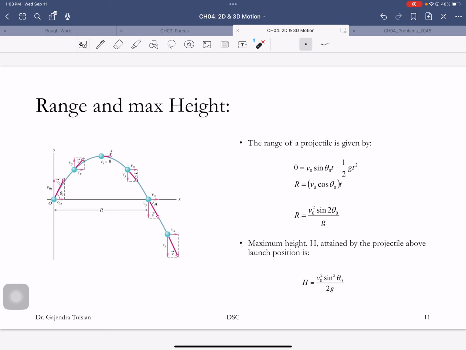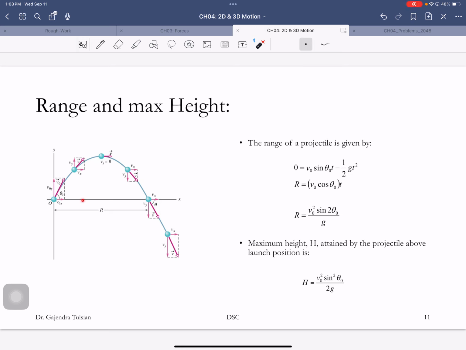So the trajectory is parabolic under what circumstances? If the gravitational acceleration is constant, so you're not throwing it very high, the magnitude of the acceleration is not changing, air resistance is negligible, and so on. So for our purposes, it's a parabolic trajectory.